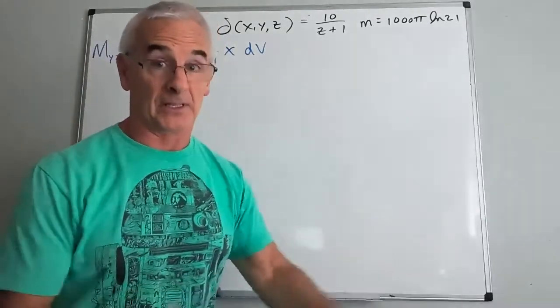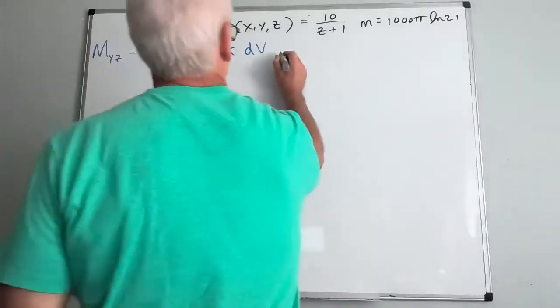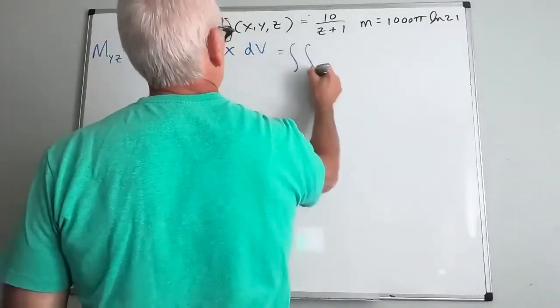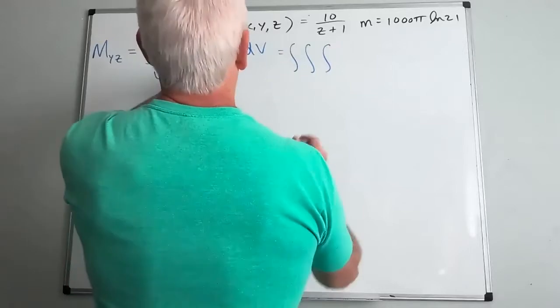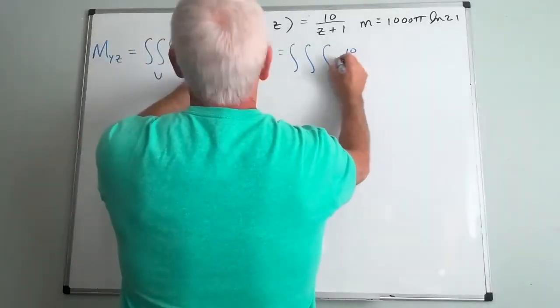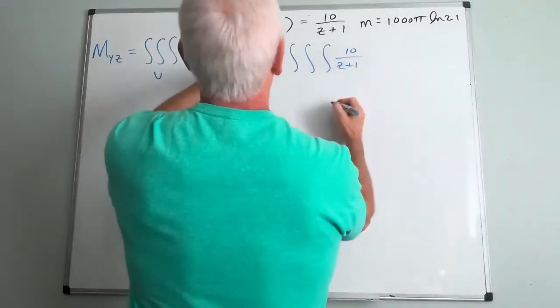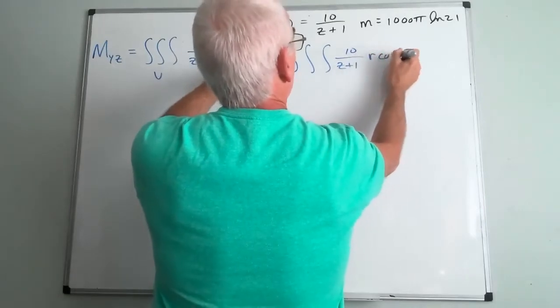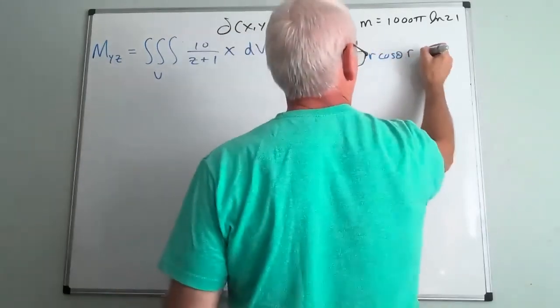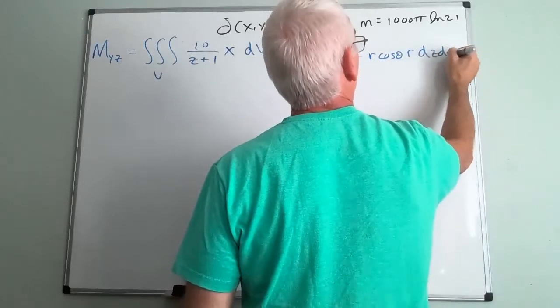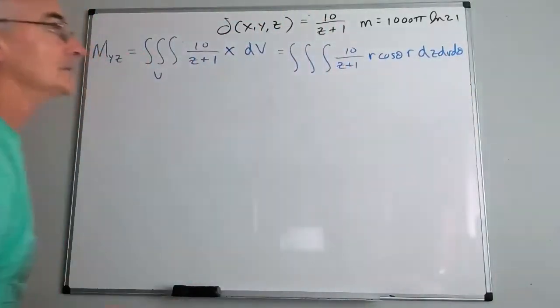Oh, this is definitely a little bit more complicated than the previous. So now we want to go polar. This is going to be 10 over z plus 1. This is going to be r cos theta. Then I'm going to have r dz dr d theta.